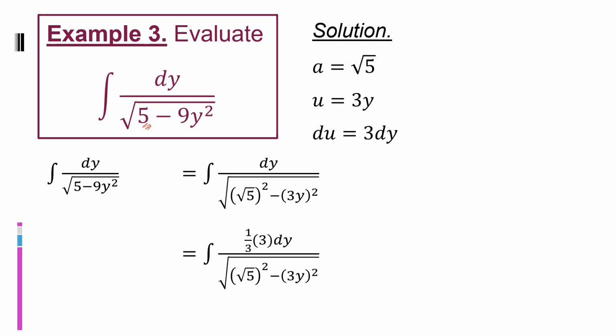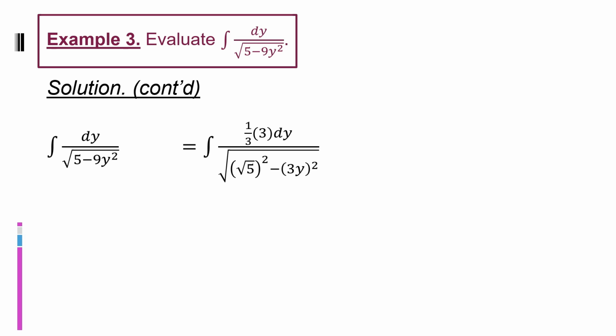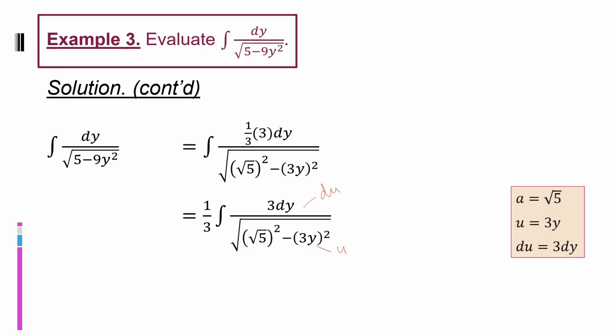Since 3 dy ito, wala naman tayong 3, so magdagdag tayo ng equivalent na 1. So, we have 1/3 times 3 dy over the square root of the square root of 5 squared minus the square of 3y. Then, ilabas natin ngayon yung 1/3. Since 3 dy is equal to du and 3y is equal to u, we have 1/3 times the integral of du over square root of the square root of 5 squared minus u squared.